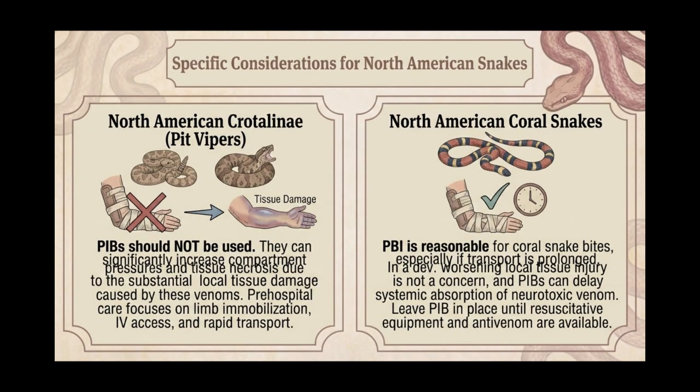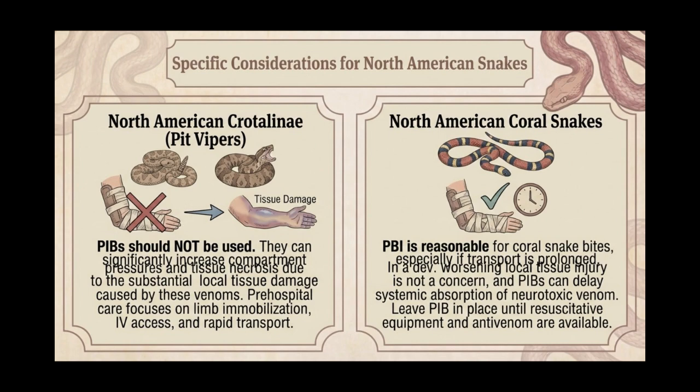North American pit vipers, such as rattlesnakes, copperheads, and cottonmouths, should not be treated with pressure immobilization bandages. Research, including studies using a pig model, has demonstrated that these bandages can significantly raise pressure within the affected limb and cause tissue death, which is particularly problematic given the significant local tissue injury associated with these bites.